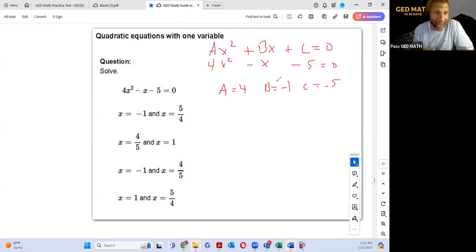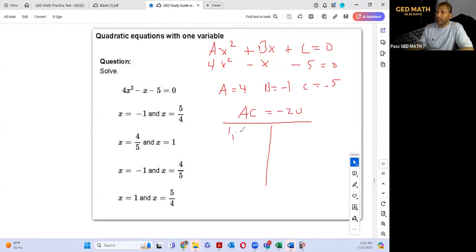Since a is not 1, I must find the factors of a times c. A times c is negative 20. So I need to find the factor pairs for negative 20. So I got 1 times negative 20. Now I go right in order. I start from 1. I don't skip. I don't guess.